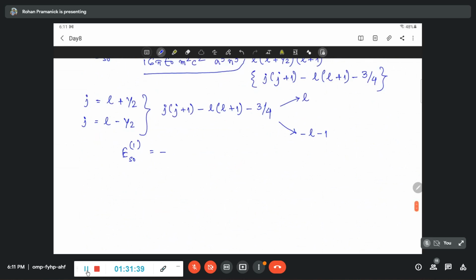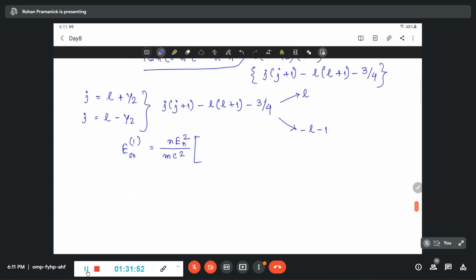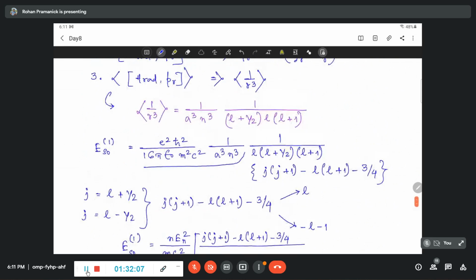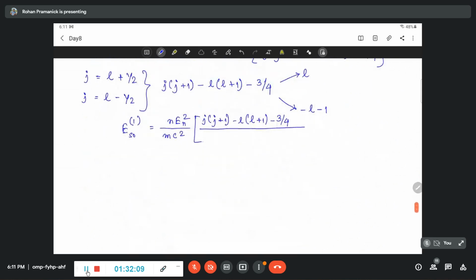This becomes n E_n squared by mc squared multiplied by this quantity: L, j into j plus 1 minus L into L plus 1 minus 3 by 4, over L into L plus 1, half L into 1.